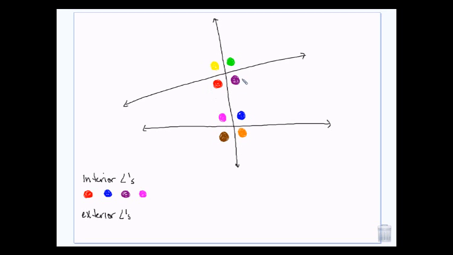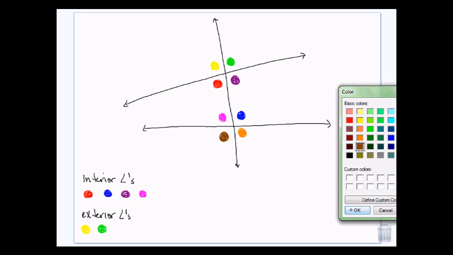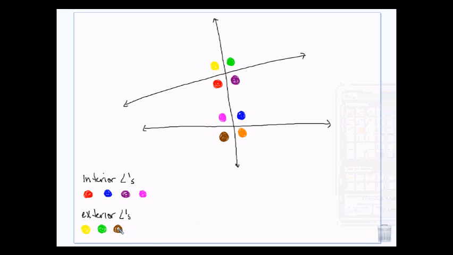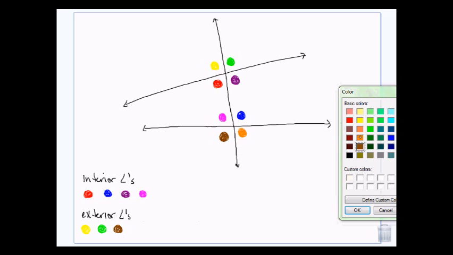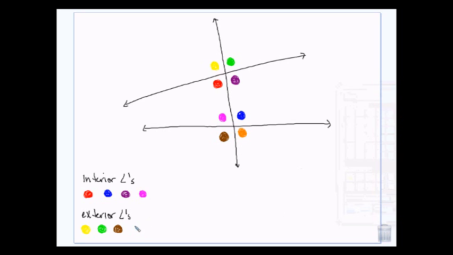These 4 on the inside. Okay. Oh, by the way, if you want colors, I have a whole box of markers on the shelf. Help yourself. Or you can use numbers. Okay. Our exterior angles are yellow and green and brown and orange. Okay. So inside, outside.